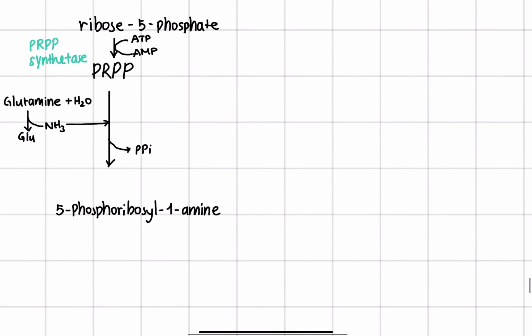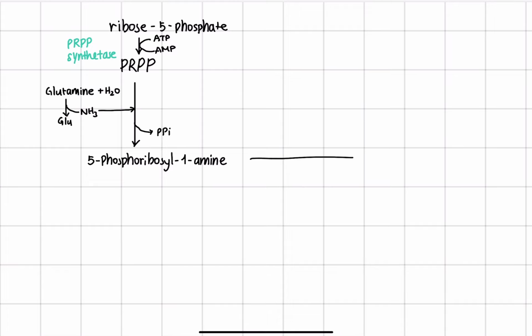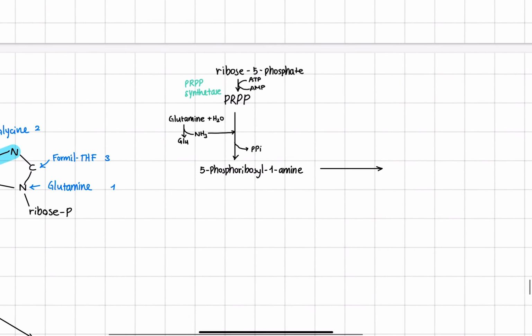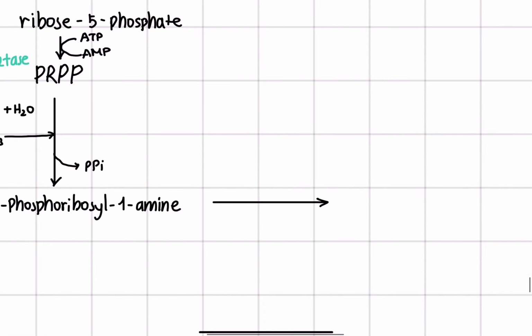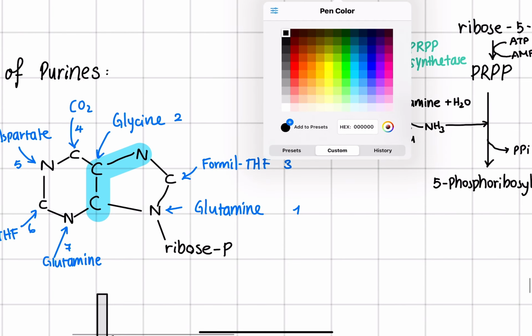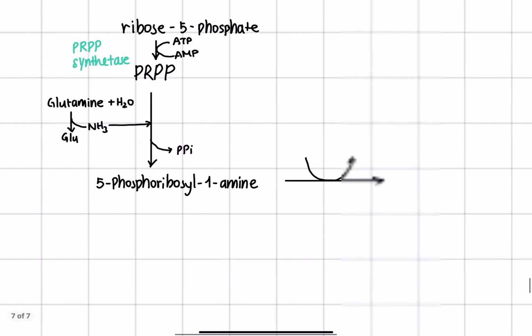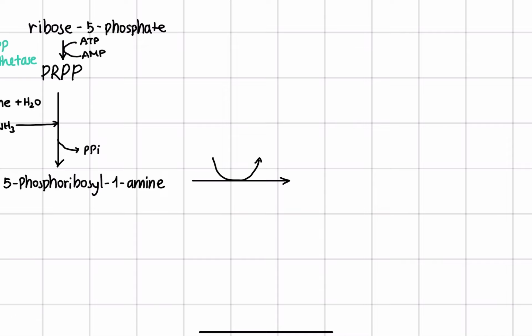Then, as we have 5-phosphoribosylamine, we can just add glycine. Because on this diagram, this is the second step. Glycine. Okay, remember, glycine.